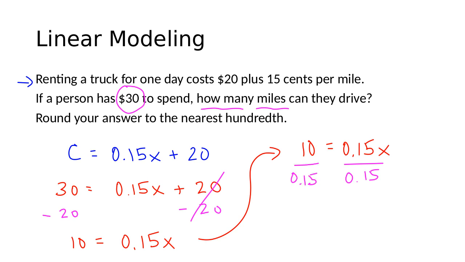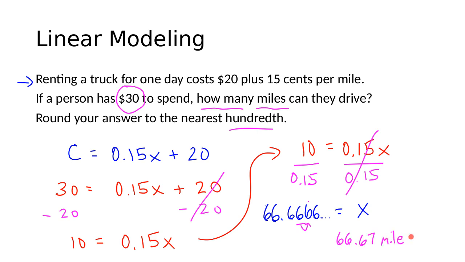On the right-hand side, those cancel, leaving me just the X. And on the left-hand side, I've got 10 divided by 0.15, which gives me 66.666 repeating. The question here told me to round to the nearest hundredth, so that's what I'll do. I'll find my hundredths place and I'll look one space to the right. Since that number is 5 or bigger, we are going to round up, and the number of miles that this person could drive is 66.67 miles.